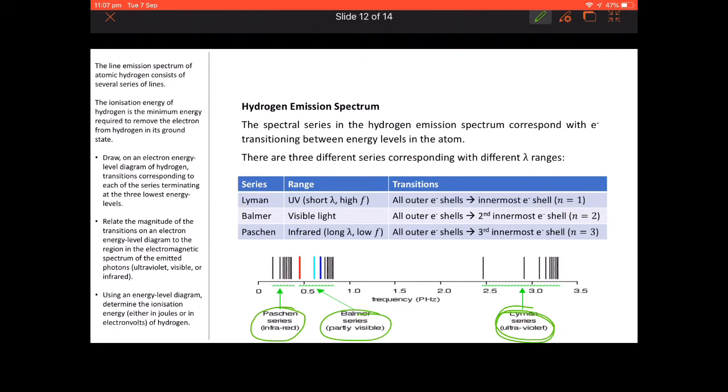So like the second, anything transitioning from the outer shells to the second innermost shell is going to have less energy than anything from the outside transitioning to the first shell. Anything transitioning from outer shells to the third innermost shell is going to have less energy again, and therefore a lower frequency.